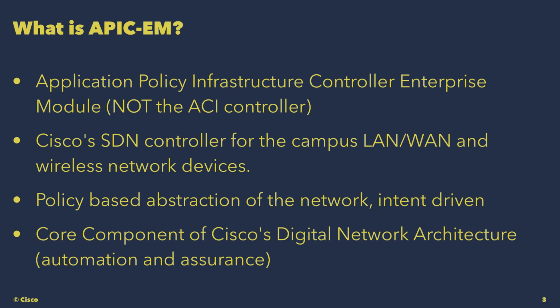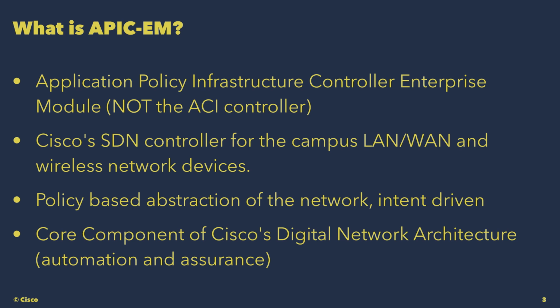So what we're trying to do here is policy-based abstraction of the network, which is intent-driven. In other words, typically with something like QoS, you have to know the platform and its capabilities. Does it support 4 queues, 8 queues, 12 queues? And then you have to craft the configuration, the syntax, the CLI to match that platform's capabilities.